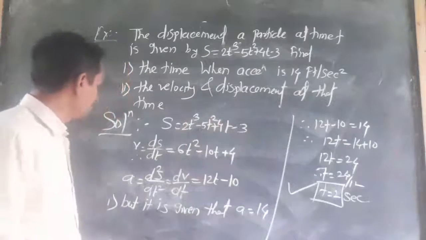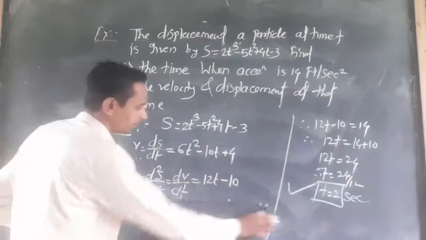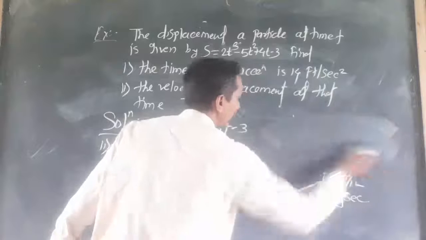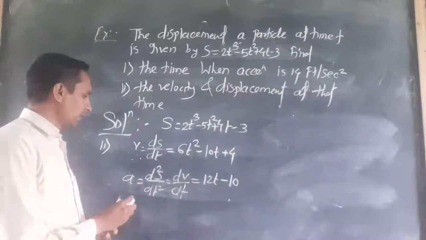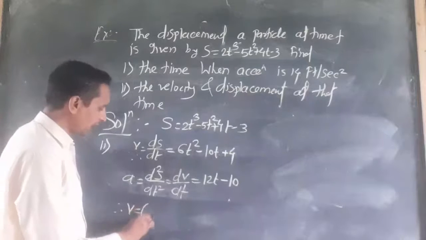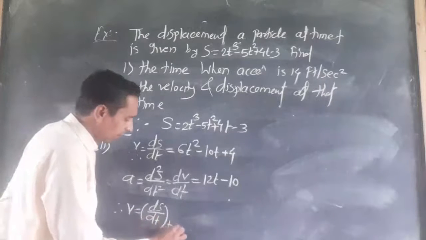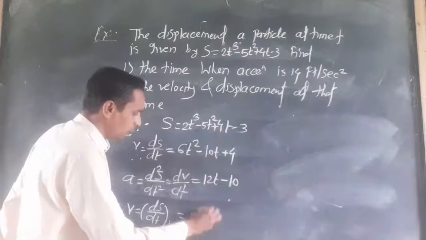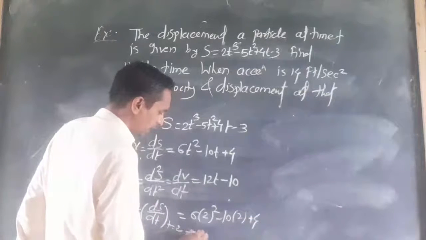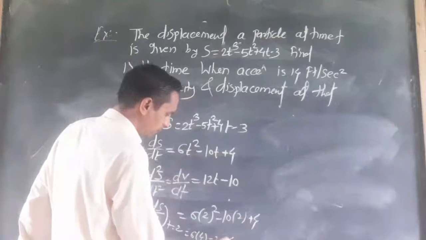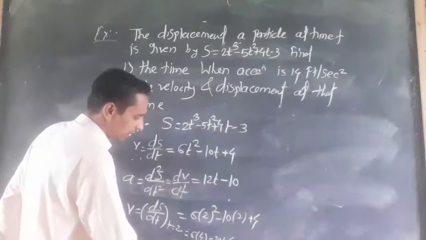Therefore velocity at that time, means ds by dt at t is equal to 2, is equal to 6 into 2 square minus 10 into 2 plus 4. 6 into 4 minus 20 plus 4. 6 4s are 24 minus 20 plus 4.